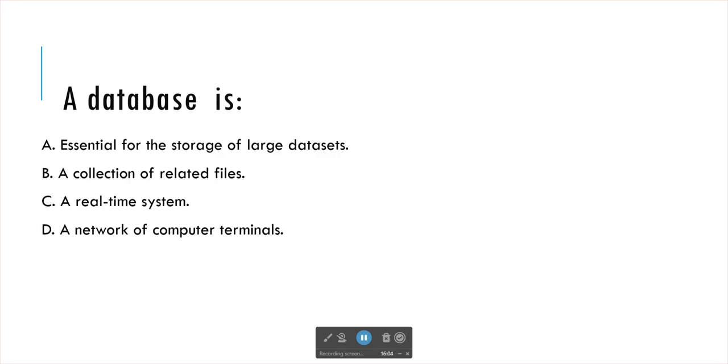A database is merely a collection of related files. It is not proper to say it's a real-time system, because you can use a database in real time or in batch processing.